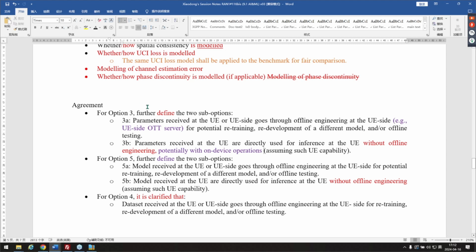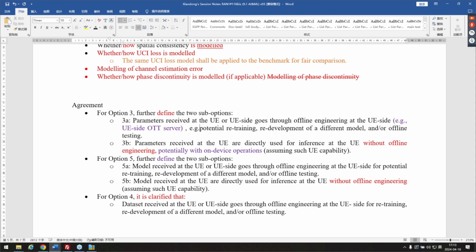I think retraining or redevelopment are just examples of offline engineering, right? Before the potential, can we add an example? For example, blah, blah, blah. Yeah, before 4, sorry. For example, for potential, blah, blah, blah. I think that is to clarify the difference of what we are going to do for the A series.